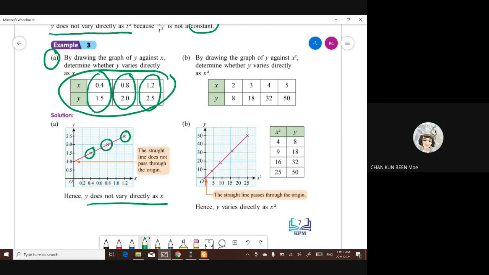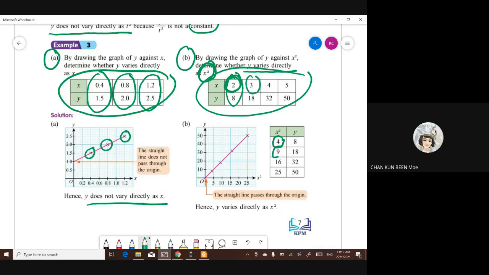Okay? And then if we look at B now, same thing, from the table given, you are going to draw the graph. They ask you whether y varies directly as x squared. So we need to find out the value of x squared over here. 2 squared is 4. 3 squared, 9. 4 squared, 16. 5 squared, 25.